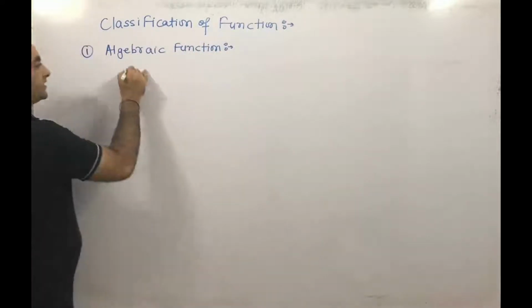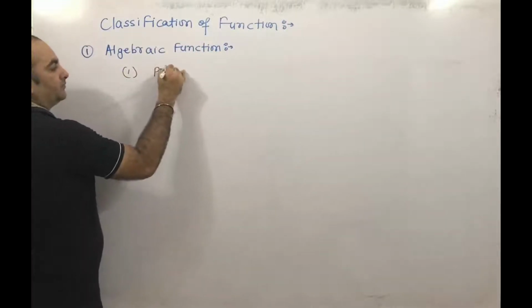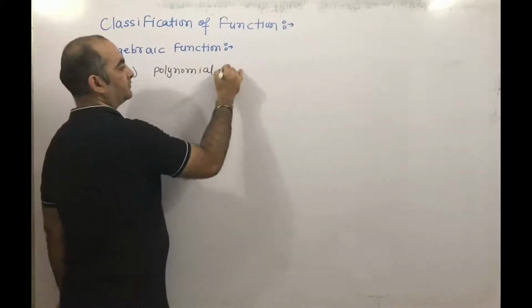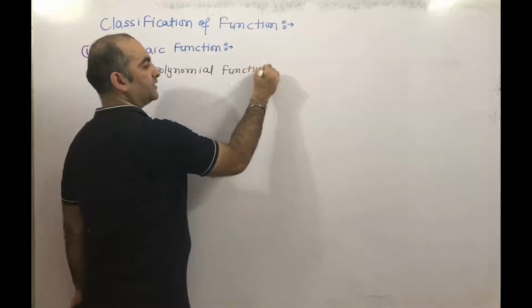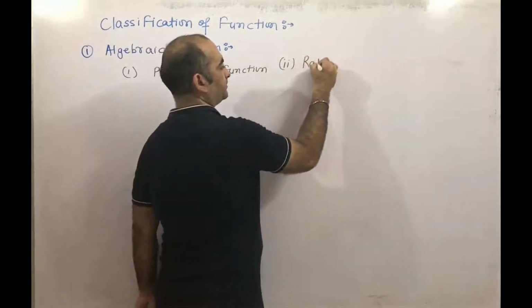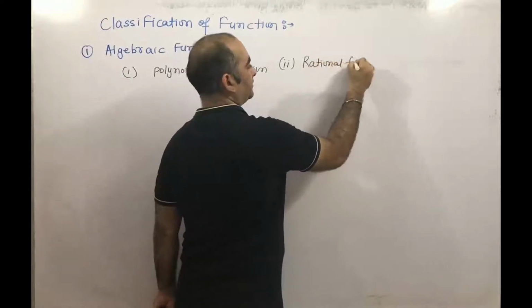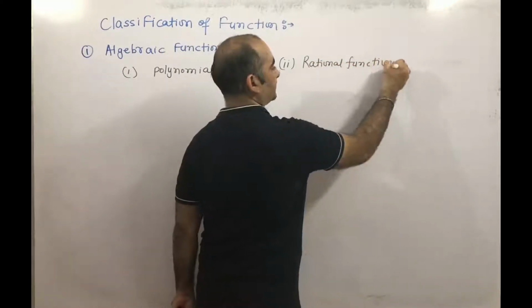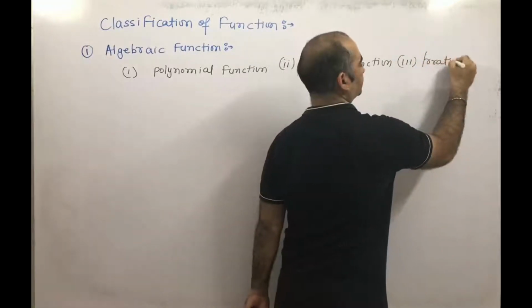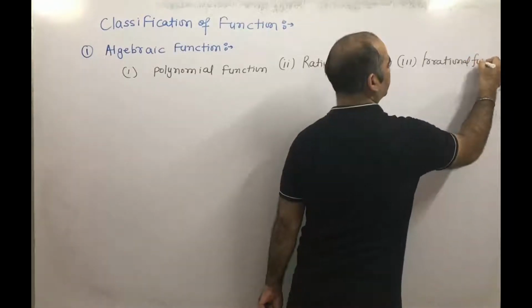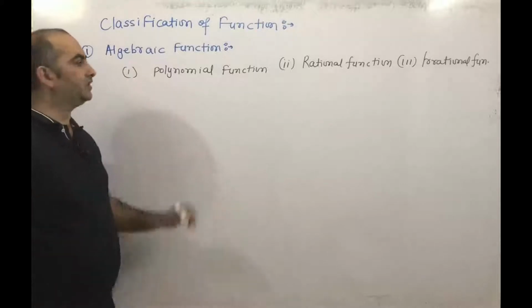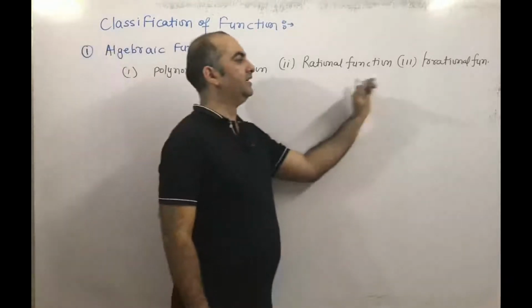First category is polynomial function, second is rational function, and third is irrational function. So algebraic functions can be categorized into three more categories: polynomial, rational and irrational function.